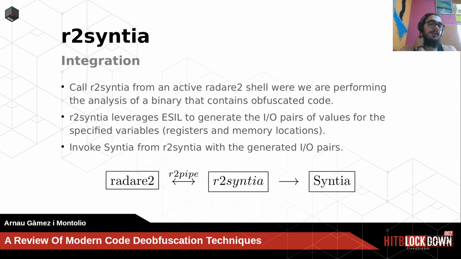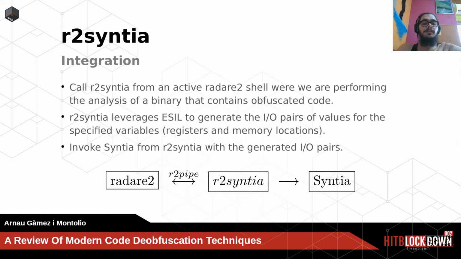The basic integration is that from an active R2 shell, where we are performing some analysis of a binary that contains obfuscated code, we just call the R2Cynthia script. Then from R2Cynthia, we leverage ESIL, communicating with the R2 shell, to generate the pairs of input-output values for the specified variables, which are essentially the registers and memory locations that we use for input and output.